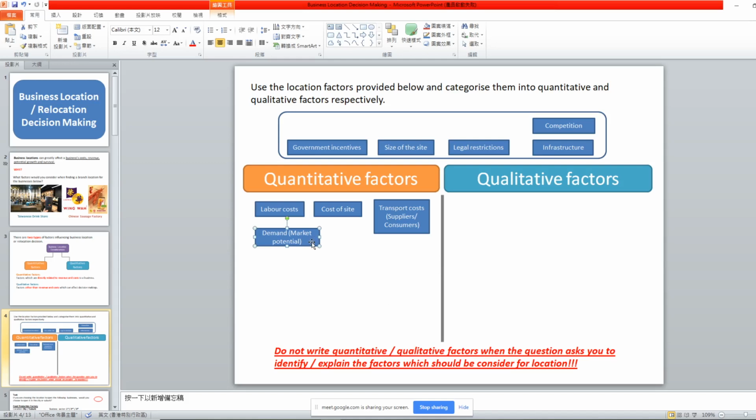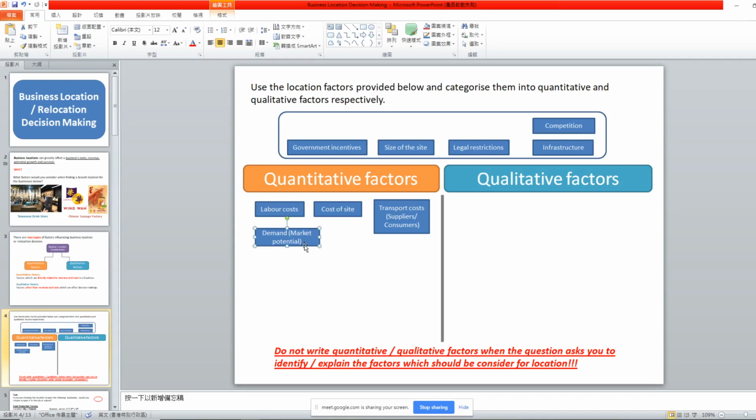So you're going to open it in Tsim Sha Tsui, or some very popular streets for food and drinks. So that's the demand factor here.